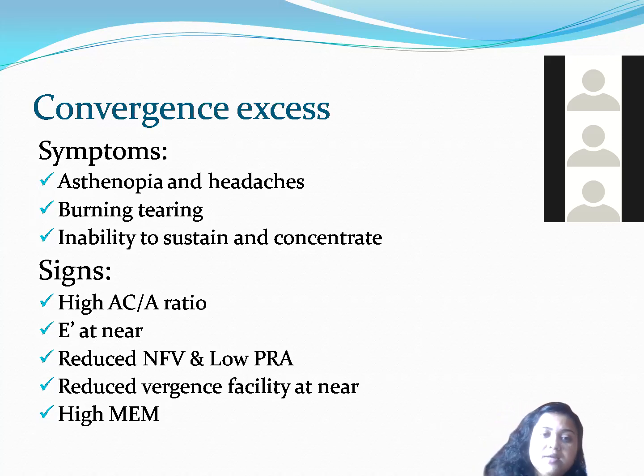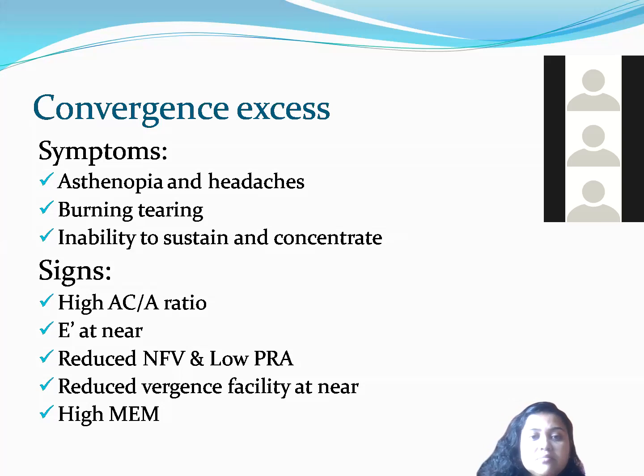So this is about the signs and symptoms of convergence excess. The patient comes with an intermittent esotropia at near, or the patient might have a congenital esotropia. For near only the patient is having an esotropia, that can also happen.